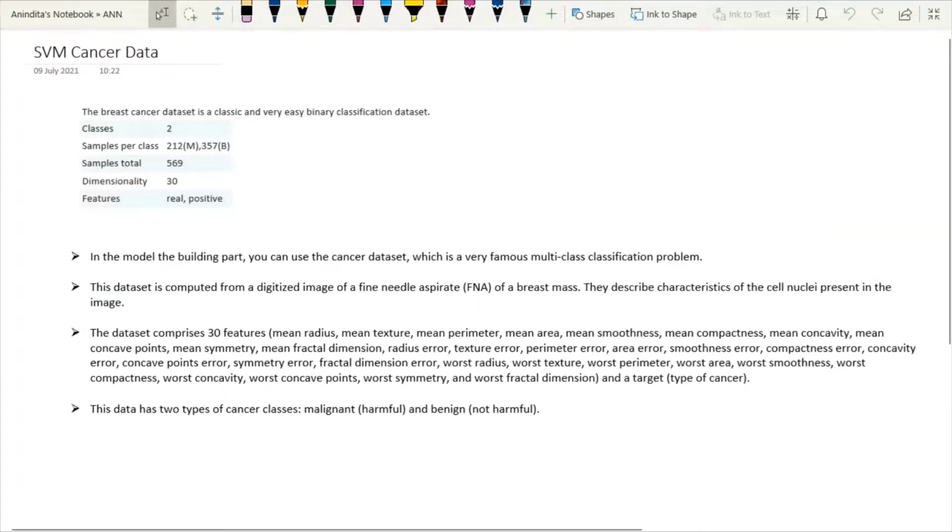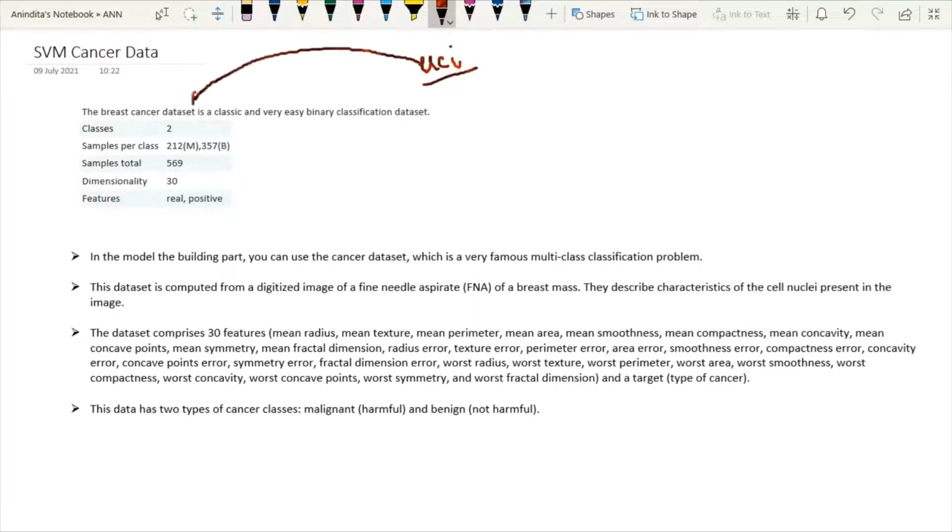Now I'm giving you a very small example so that you could understand what we are going to do. We know that we are working on a repository known as the UCI Machine Learning Repository. I have picked up one cancer dataset from this UCI repository. Whenever we have collected data from the repository, the first thing is we have to visualize or analyze the dataset.